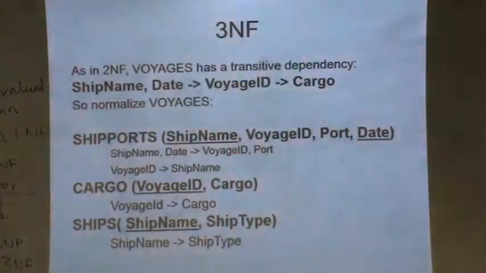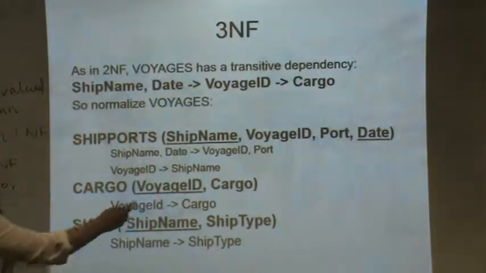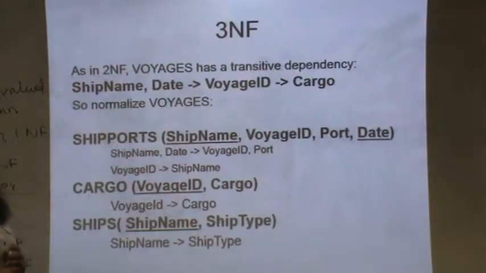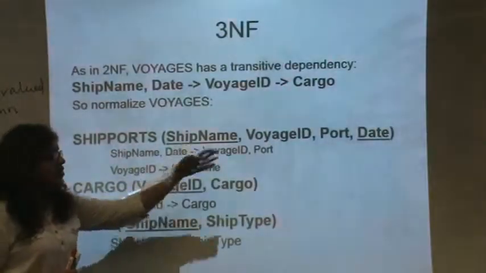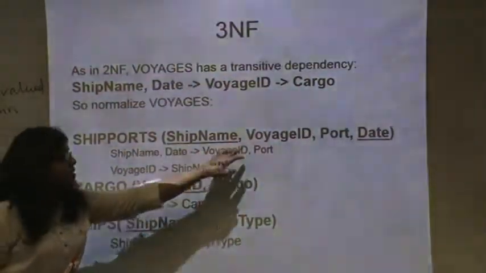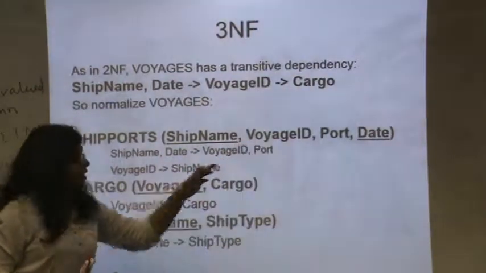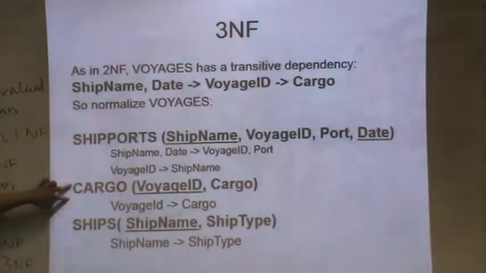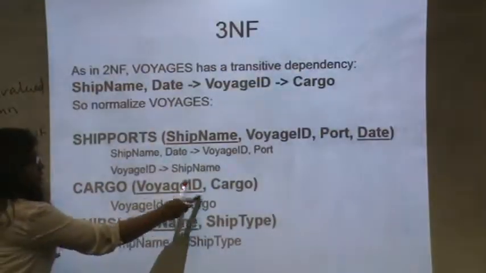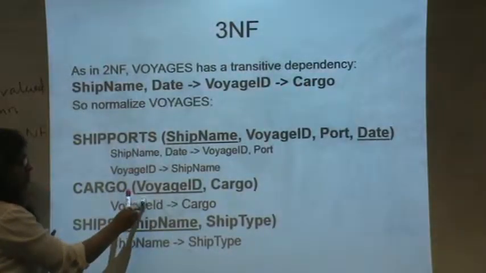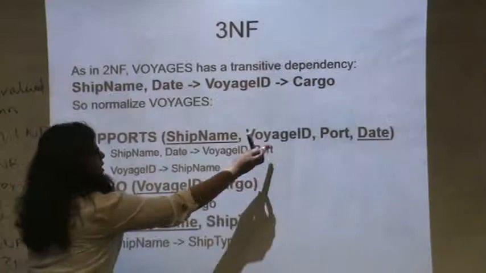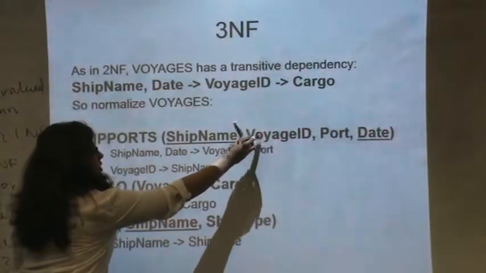You are seeing these things. It's not functionally dependent on any of them because it's a different ID. This ID is completely functionally dependent on the cargo table. If you see, the cargo things are dependent on the wedge ID directly. So I can take these things out from this table.